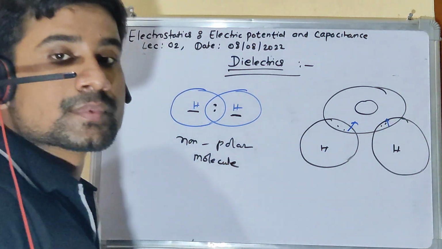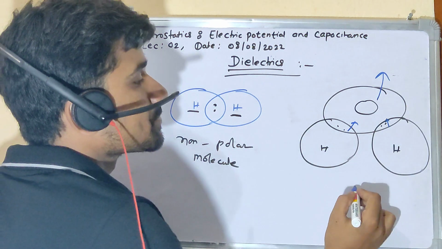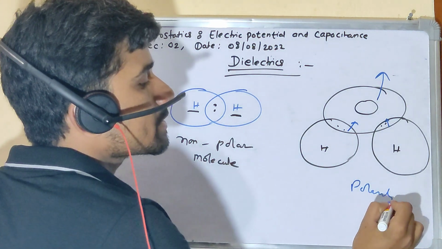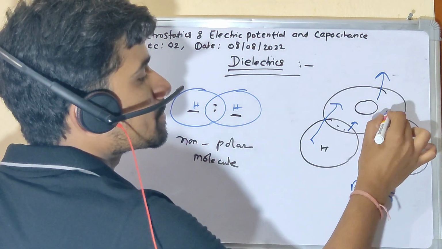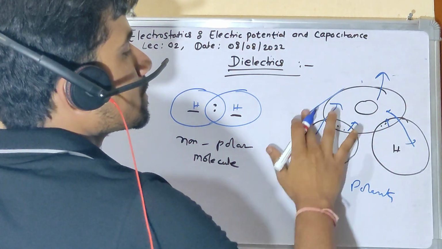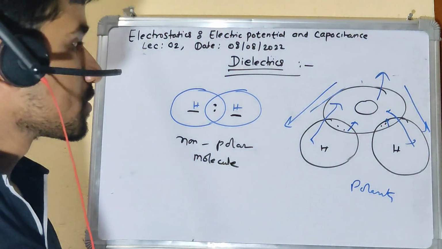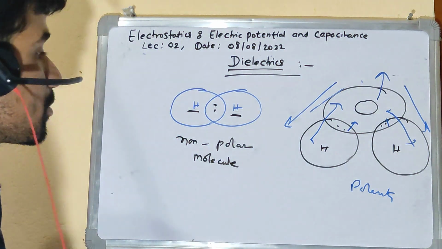So this has a significant polarity. You see there are two dipoles existing here, with direction from negative to positive. So this is a polar molecule and this is a non-polar molecule.